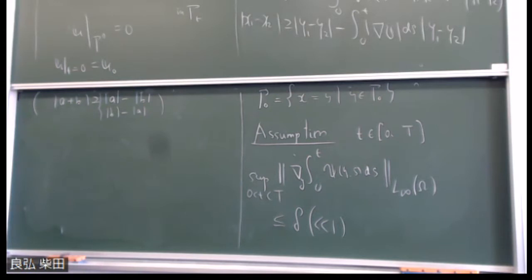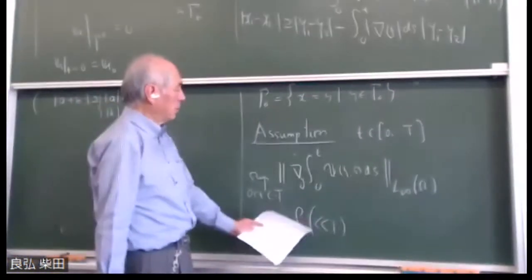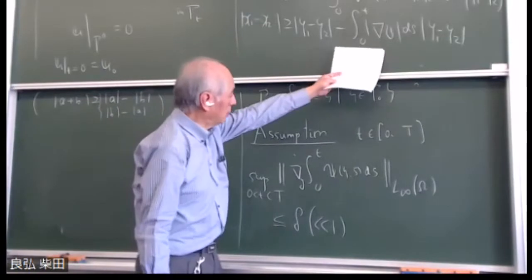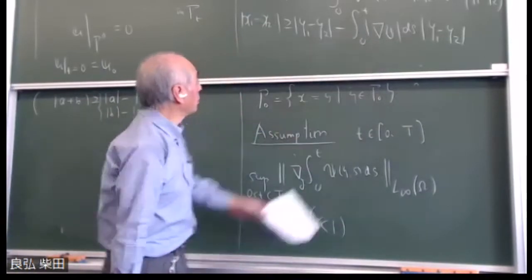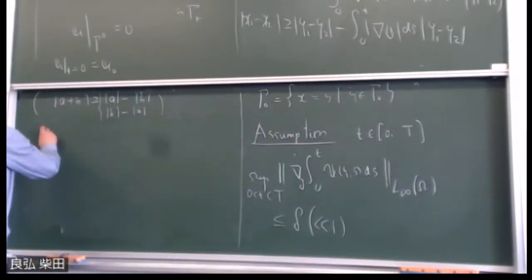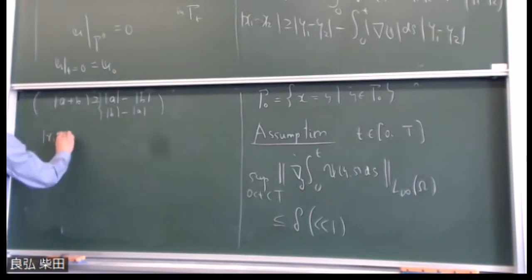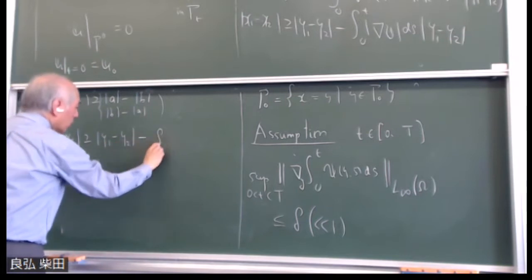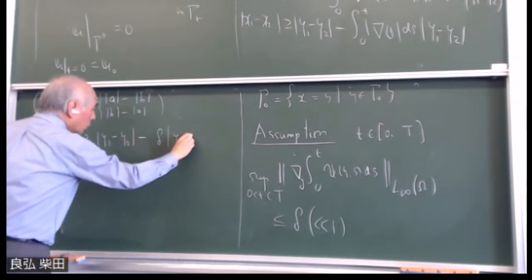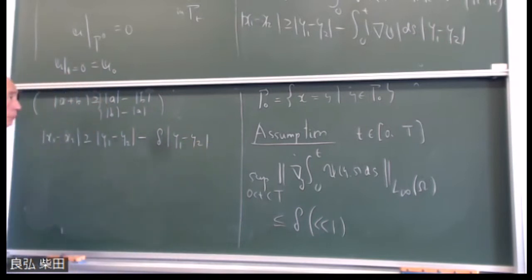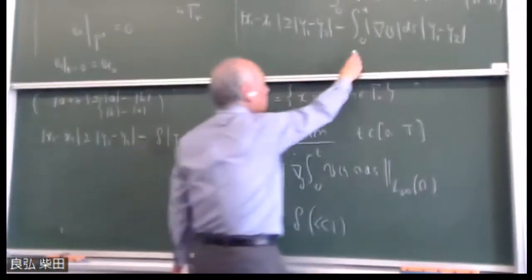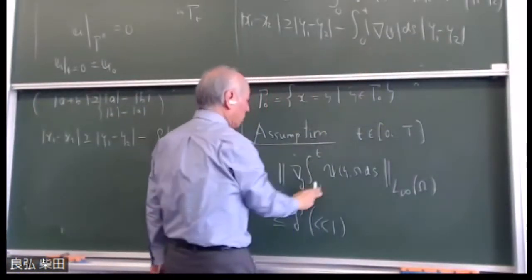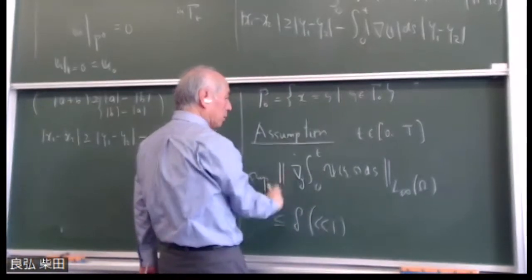And then under this assumption, we can change this part. So let's say x1 minus x2 is bounded by delta times y1 minus y2. It's okay. For the theory, we can replace by this assumption.